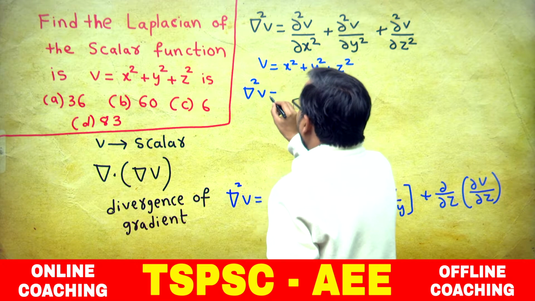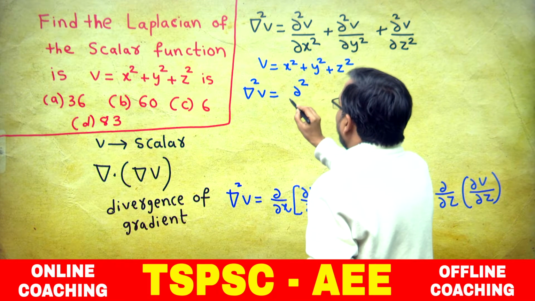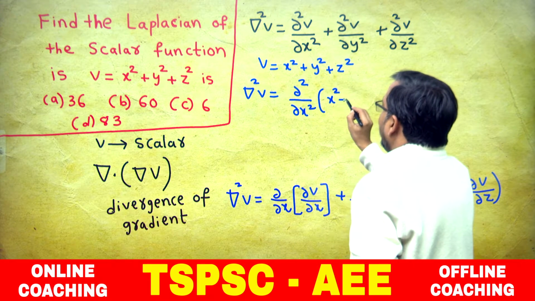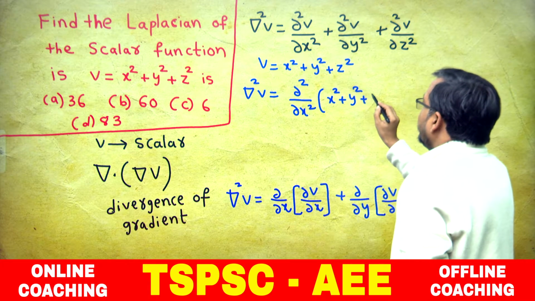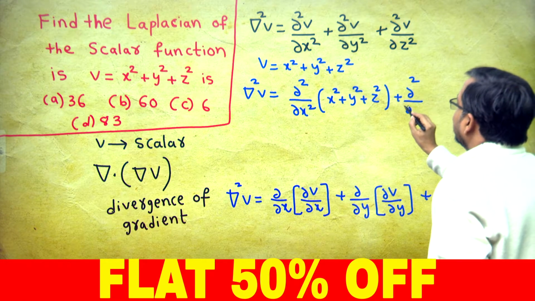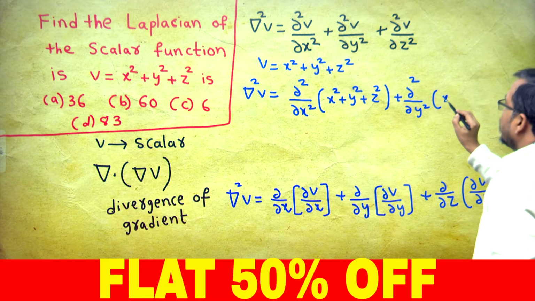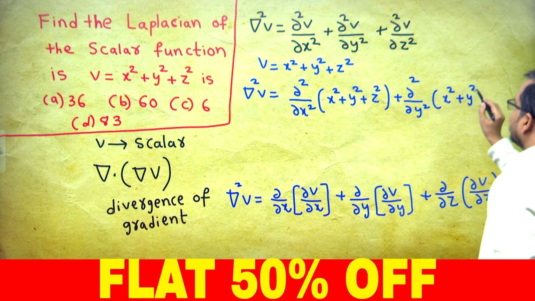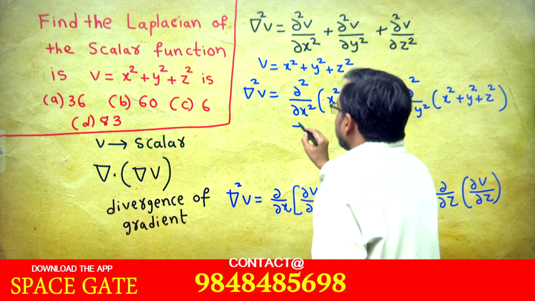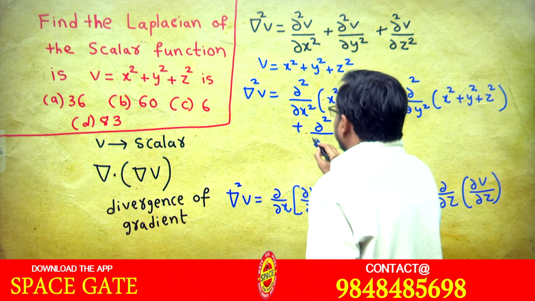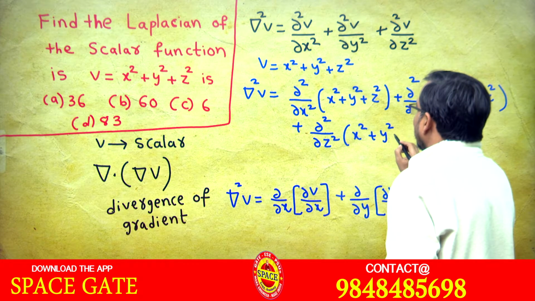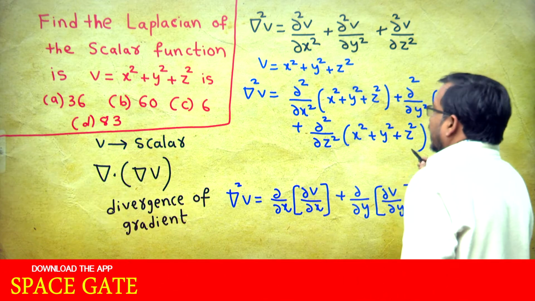So, I am substituting for v at every place: ∂²/∂x² of (x² plus y² plus z²) plus ∂²/∂y² of (x² plus y² plus z²) plus ∂²/∂z² of (x² plus y² plus z²).